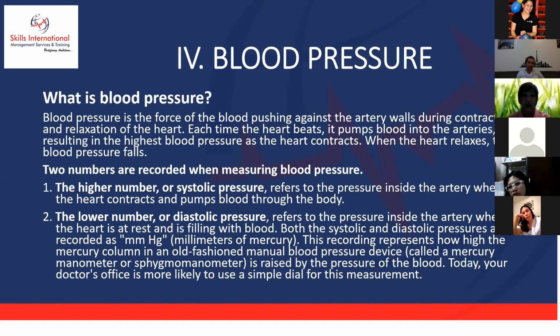We have the aneroid now that you are going to use in the practice. It is raised by the pressure of the blood. Nowadays we have the aneroid, which doctors prefer to use because they said it gives a normal blood pressure measurement, while we also have the digital blood pressure monitoring machine.